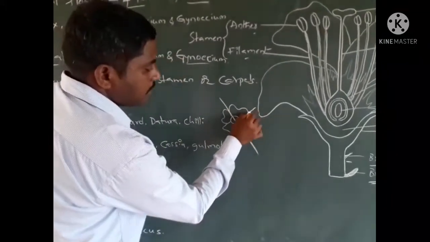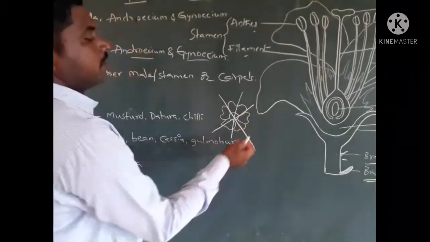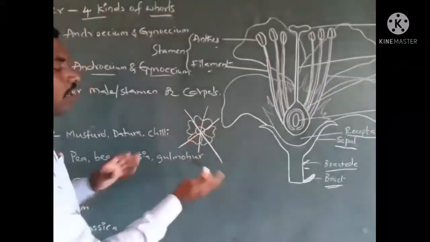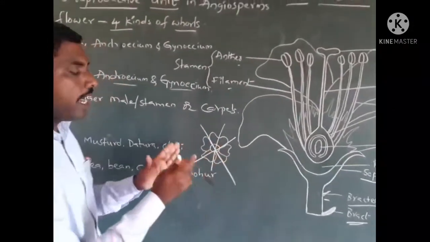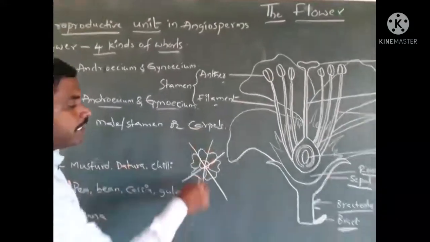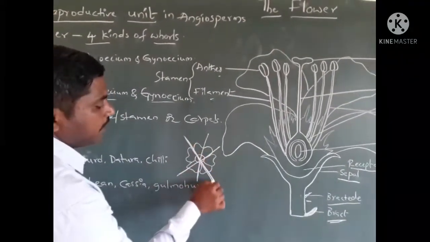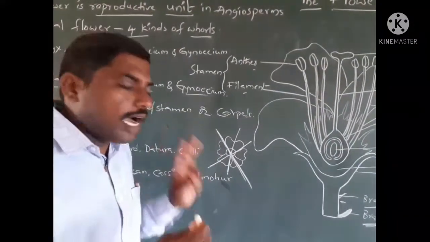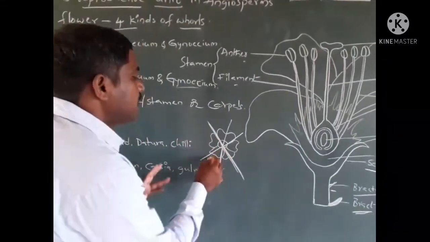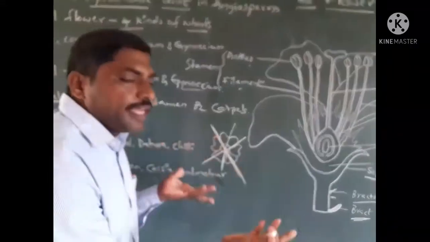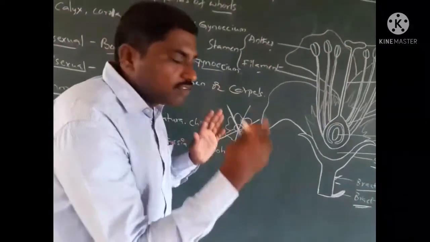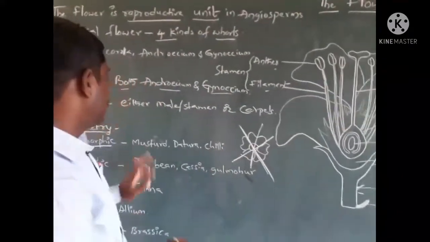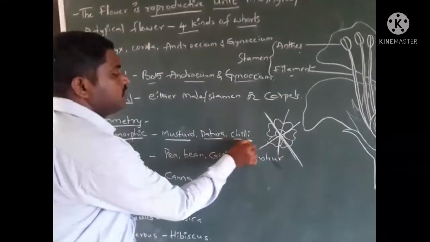The flower which is divided into two radially equal halves is called an actinomorphic flower. Examples: mustard, datura, chili.